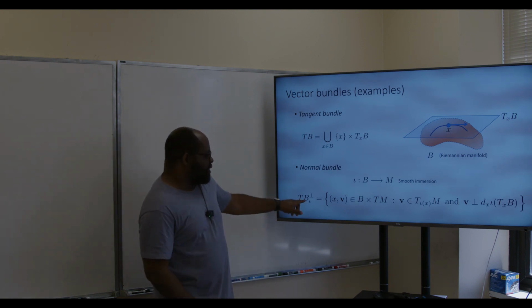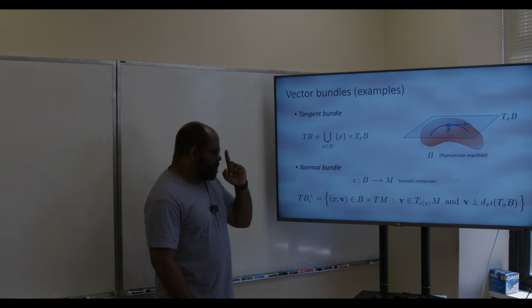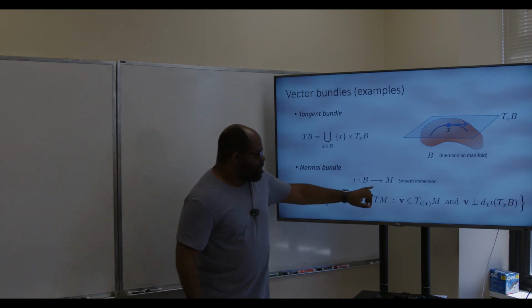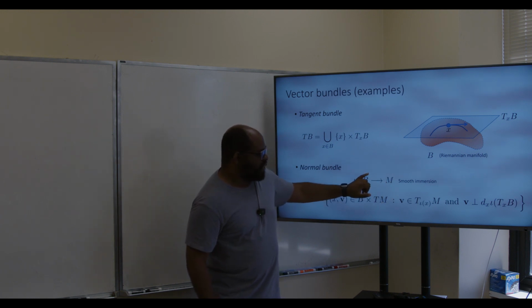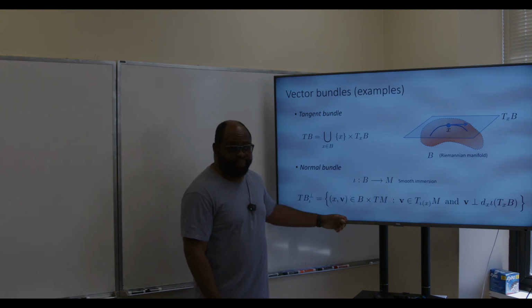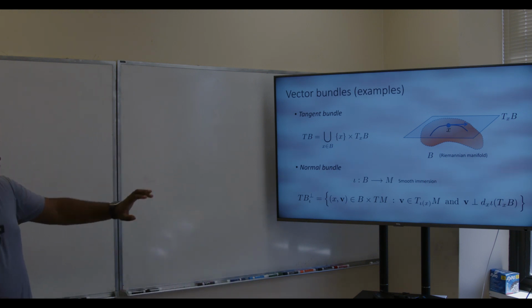And then you can define the normal bundle, which is TB perp, which is essentially the vectors that are tangent to M and orthogonal to the tangent space of B. Okay? So again, that's going to be useful in a moment.